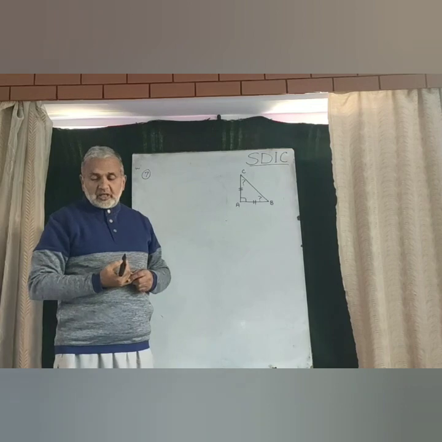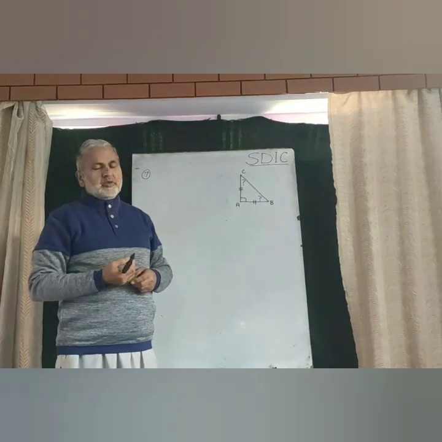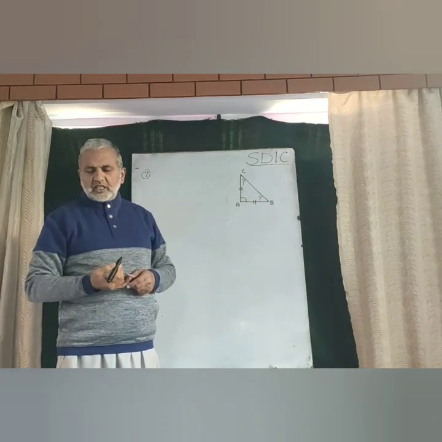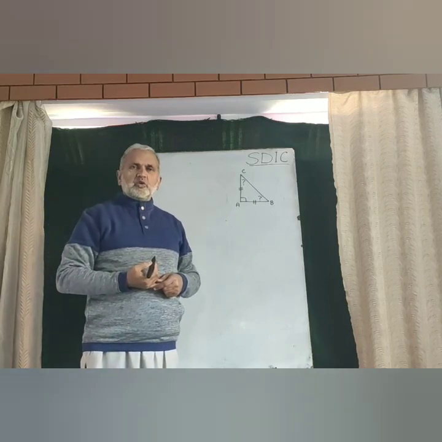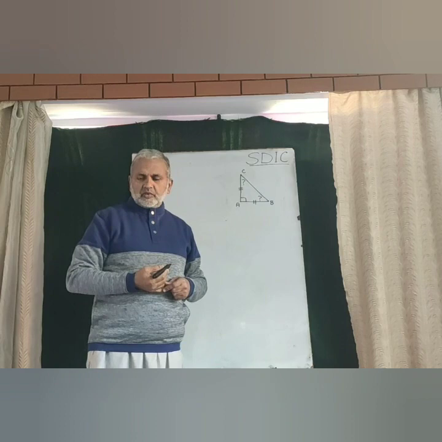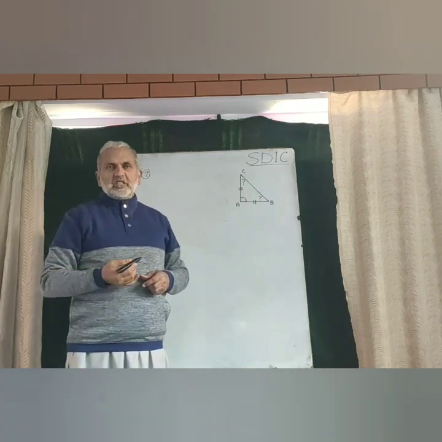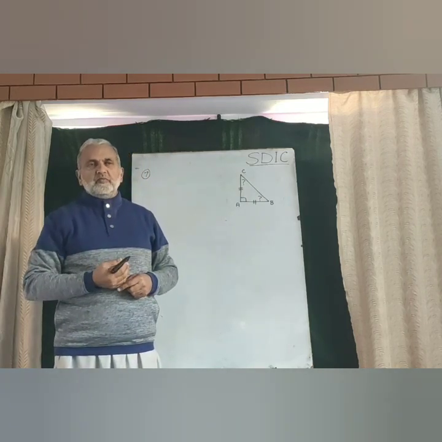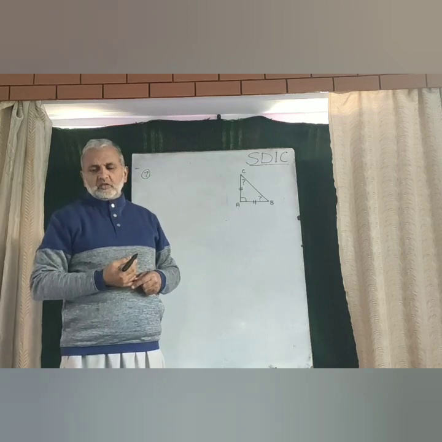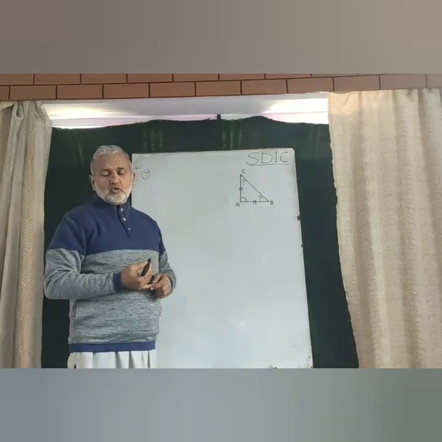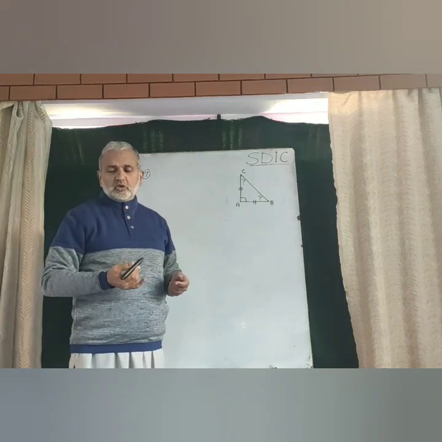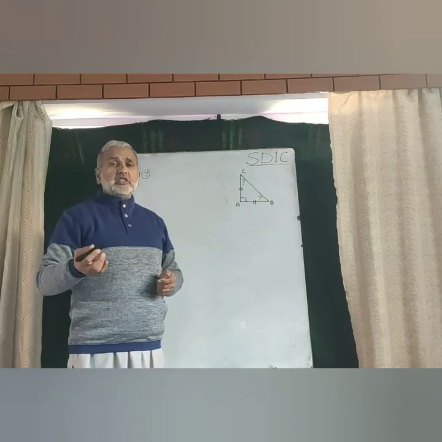Now what will be the given part of this? From the statement you can write that ABC is a right angled triangle in which angle A is equal to 90 degrees and AB is equal to AC. This is the given part. That is followed by the word find, which will be followed by what we are asked to find. Instead of writing to prove here, because we are not asked to prove anything, we are asked to find something.